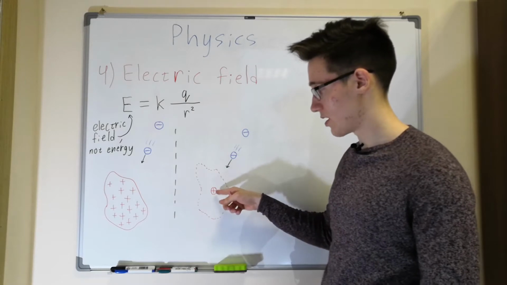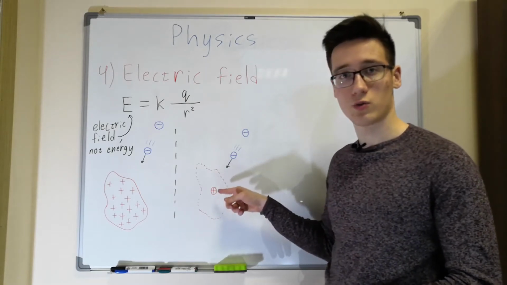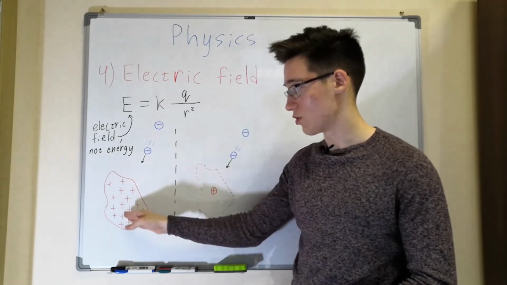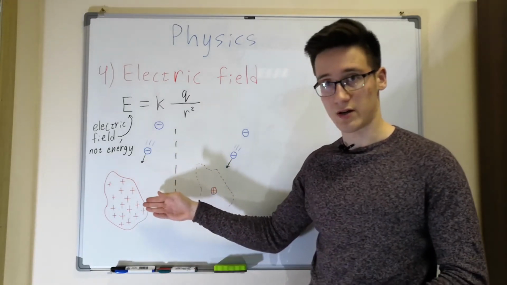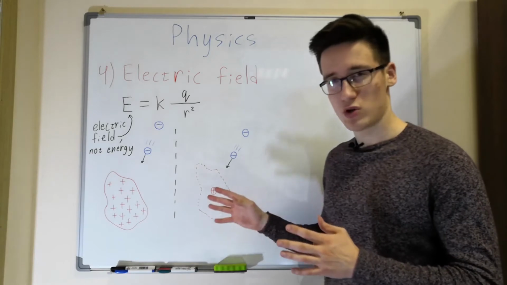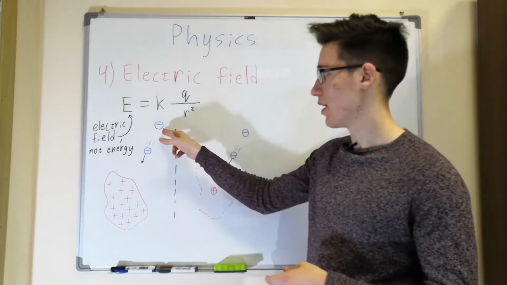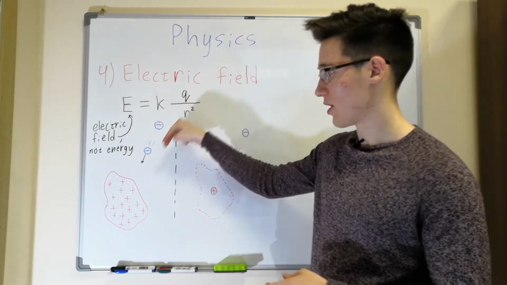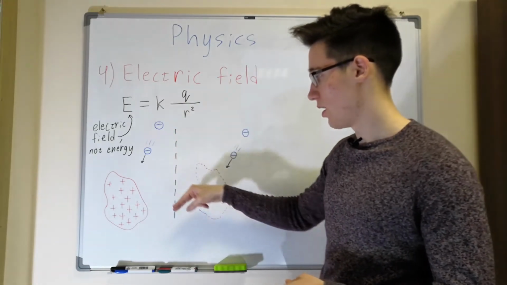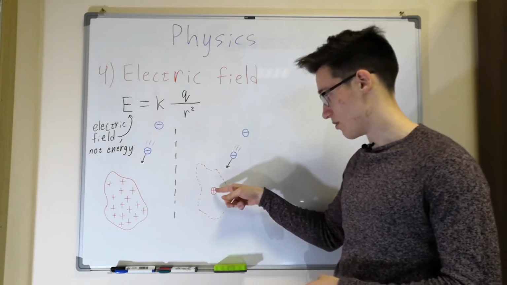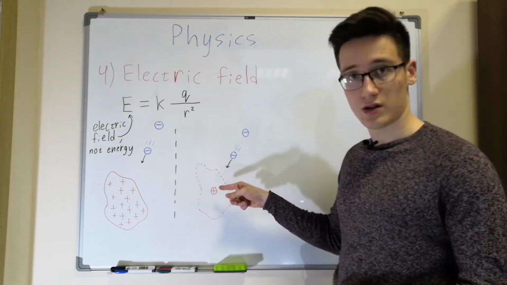Well, the precise location of this point charge will depend on the charge distribution inside this charged body, but usually it is somewhere in the center. And so when the negative particle is attracted to this charged body, it is actually attracted to one point inside of this body, which is its center.